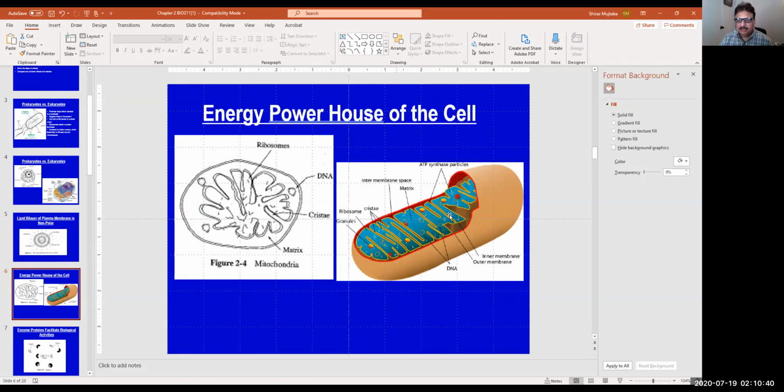So mitochondria is the powerhouse. Why is it called the powerhouse? Because it generates ATP. So remember, when we eat, let's say bread, it is broken down into glucose. Glucose is further metabolized, and ultimately it reaches the mitochondria, and there ATP is generated.